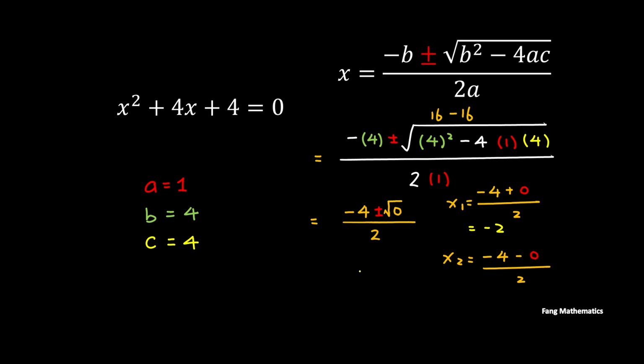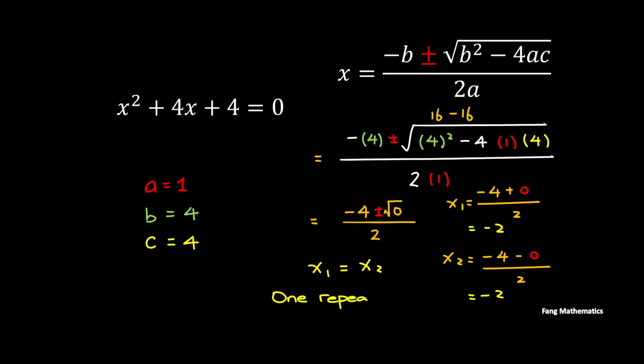Minus 4 minus 0 is minus 4, divided by 2, gives you minus 2. If you look at the two solutions, we are repeatedly getting minus 2. In other words, your x1 is equal to x2, only one repeated root in this case.